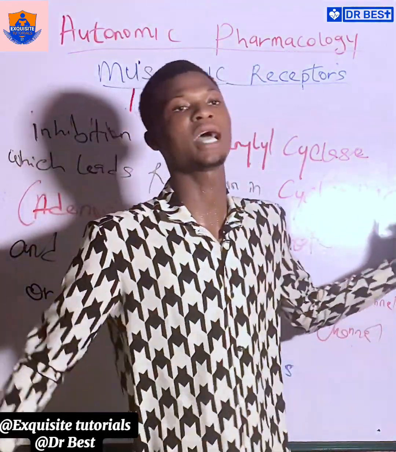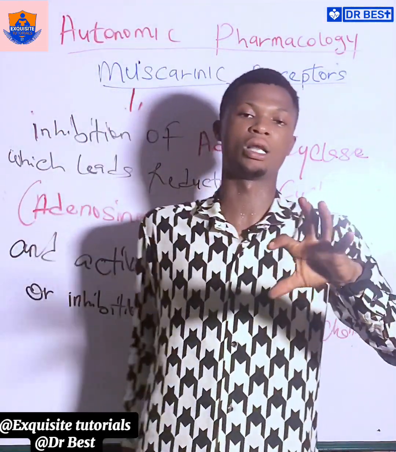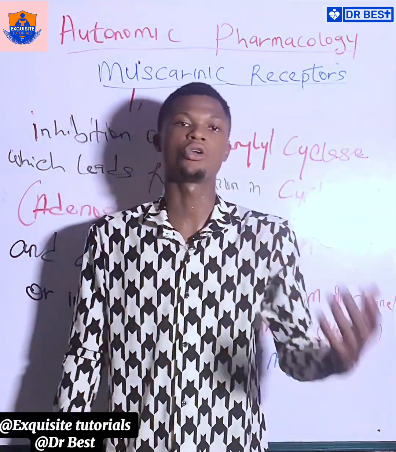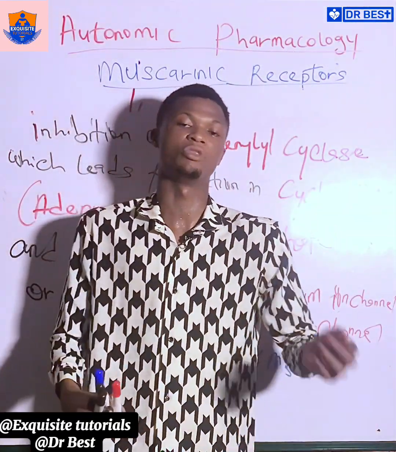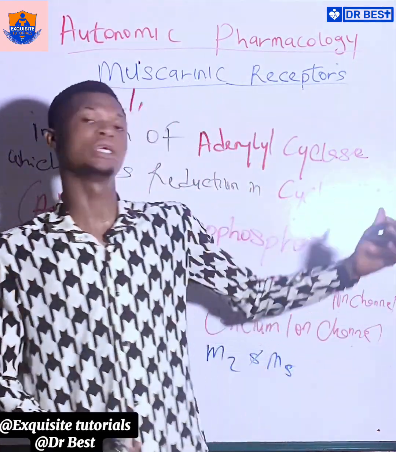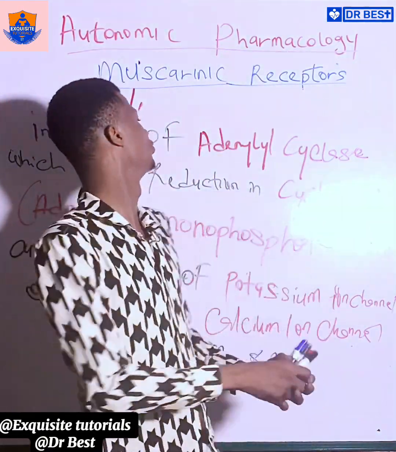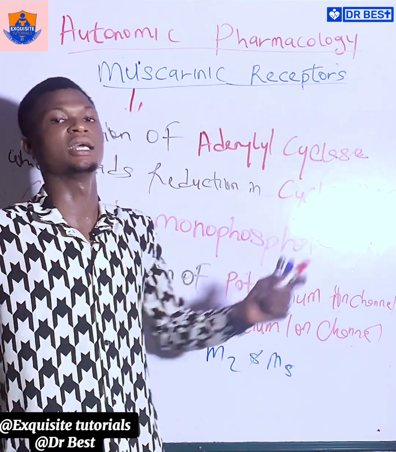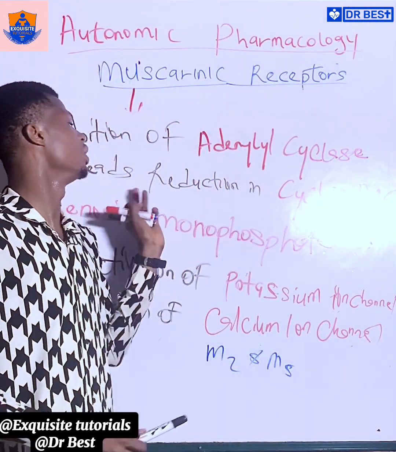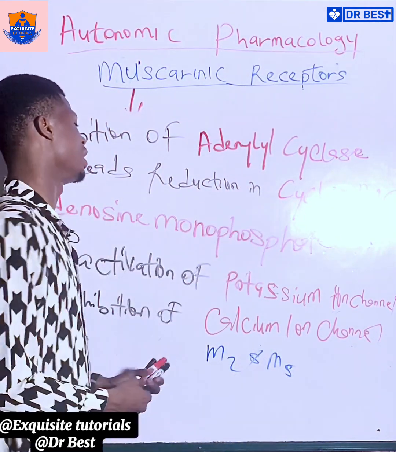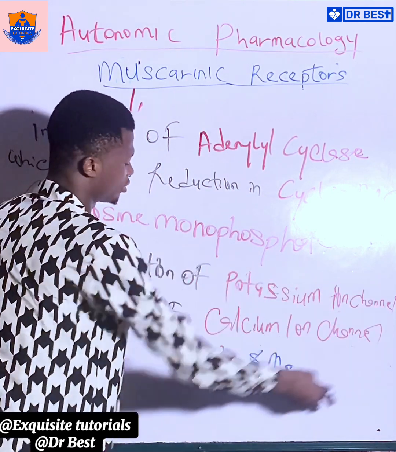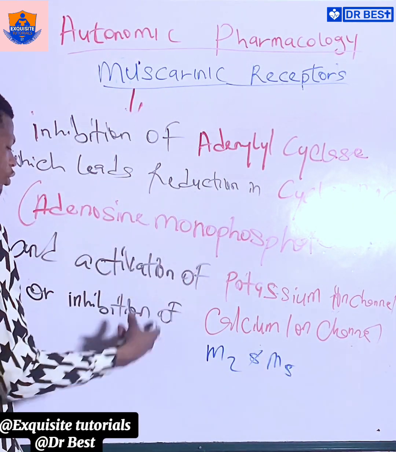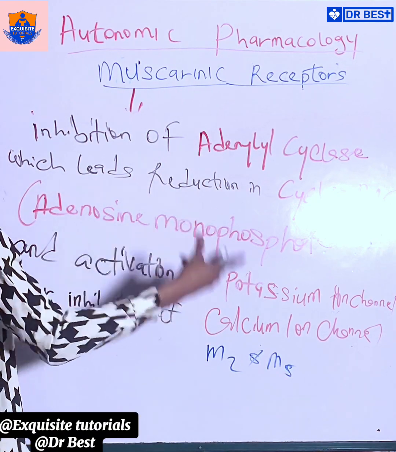That first one is for M1, M3, and M5. On the other hand, when muscarinic receptors are stimulated, they lead to the inhibition of adenylate cyclase. The inhibition of adenylate cyclase leads to reduction in cyclic AMP, and the reduction in cyclic AMP leads to activation of potassium ion channel or inhibition of calcium ion channel.